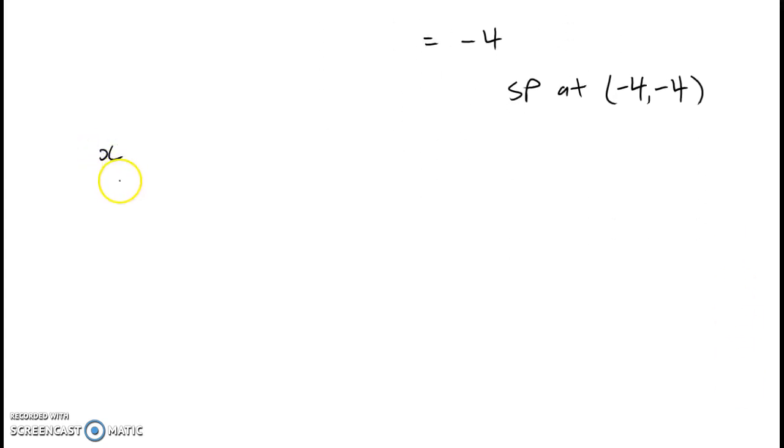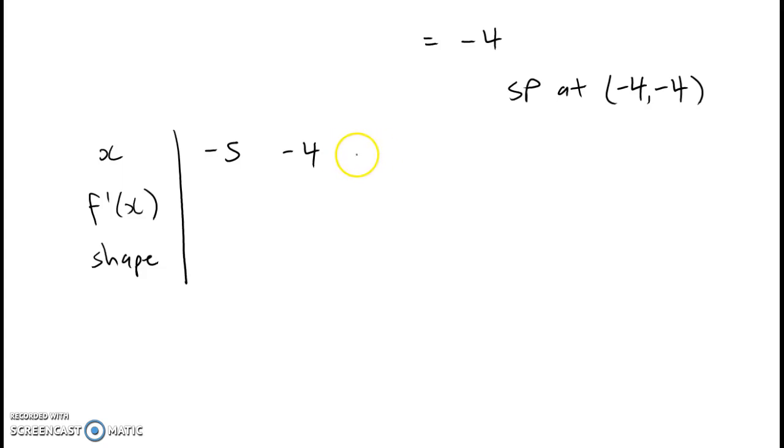So we'll set up our little table: x, f dash x, and the shape. We want to pick a point that's smaller than minus 4. We'll choose minus 5. We'll choose a point that is bigger than minus 4, but smaller than our other point. So let's go minus 3.5.